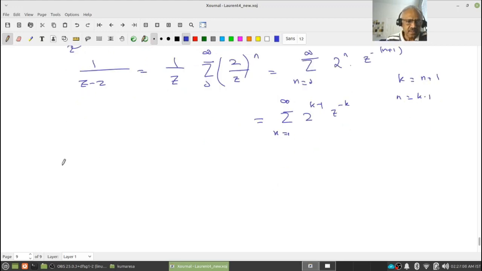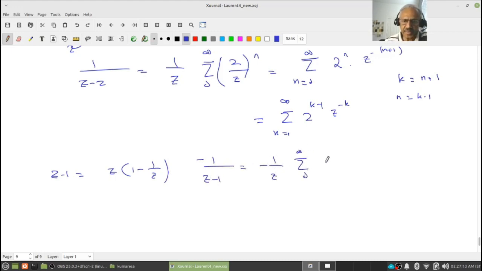Now let us look at z minus 1. Again I have to take z out, therefore 1 by 1 minus 1 by z. Therefore minus 1 by z minus 1 is minus 1 by z times the summation from 0 to infinity of z to the power minus k. Am I doing it correctly? Yes, right. Therefore it's going to be minus z to the power minus (k plus 1), k equal to 0 to infinity, or make it n if you want.